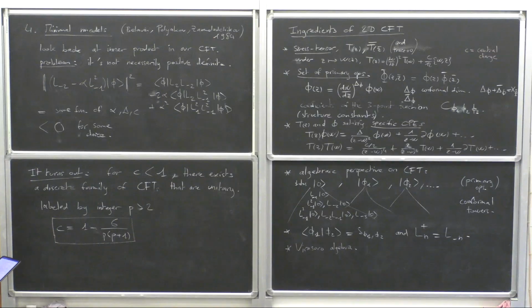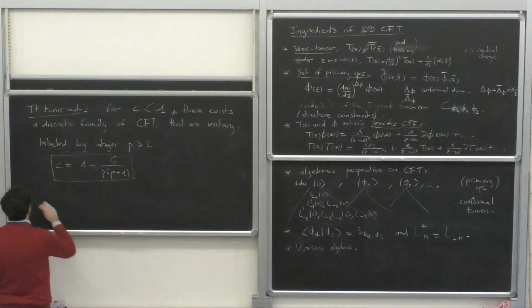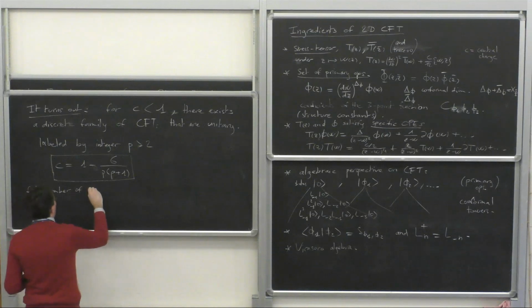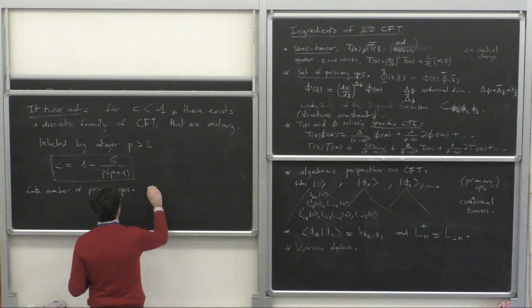And moreover, there is a finite number of primary fields in these theories. So there's a finite number of primary operators in those theories, and their scaling dimensions are given by this formula.